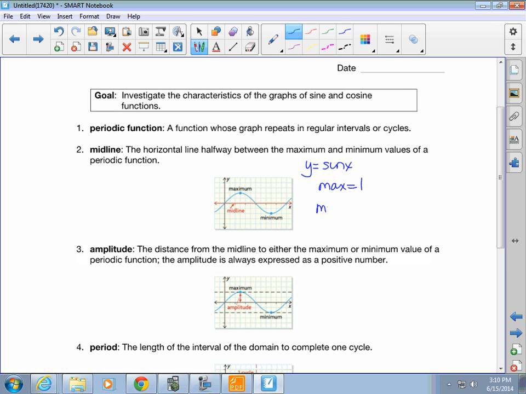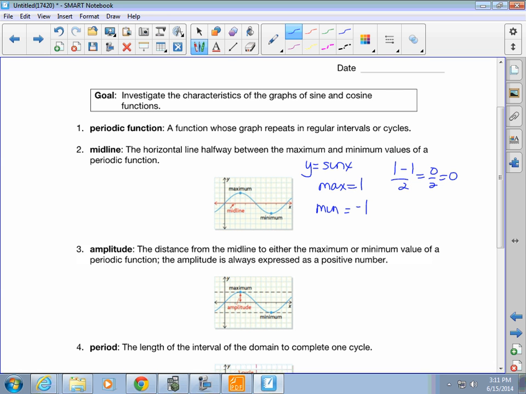Our minimum was equal to -1. To calculate your midline in between there, you would add your maximum and minimum together. So I'd have 1 minus 1 and divide it by 2. That's 0 over 2, so my midline is at 0.